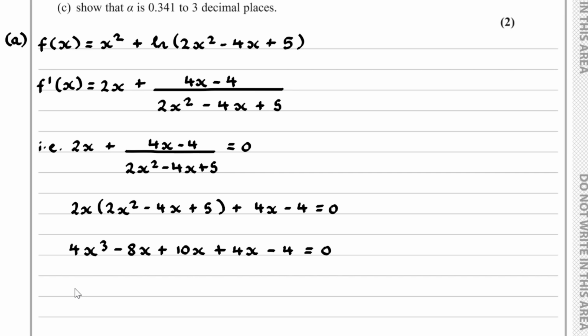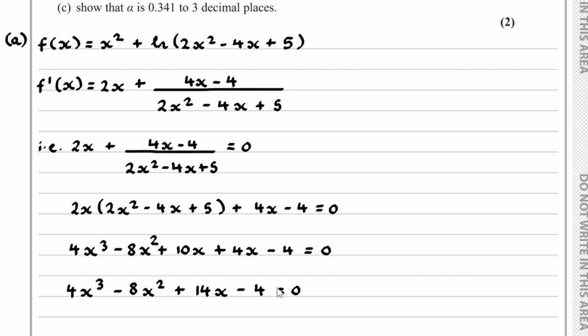So what we end up with, if we collect like terms, is 4x cubed minus 8x squared plus 14x minus 4.